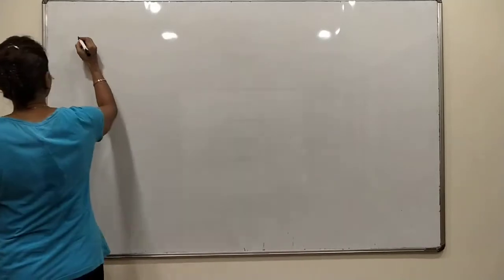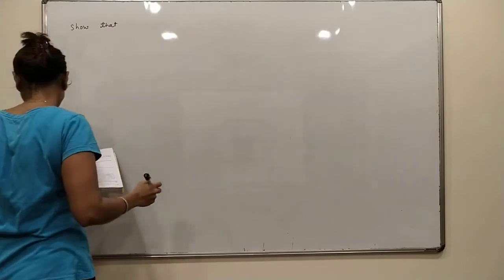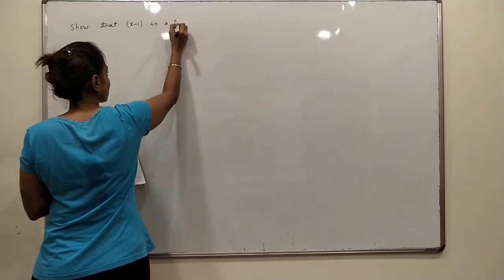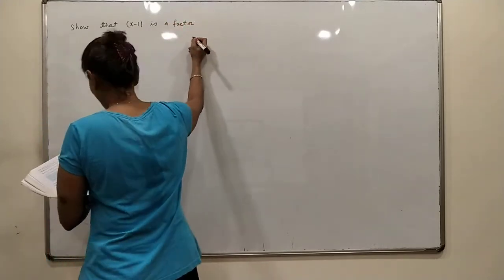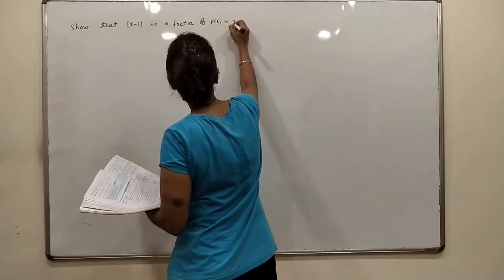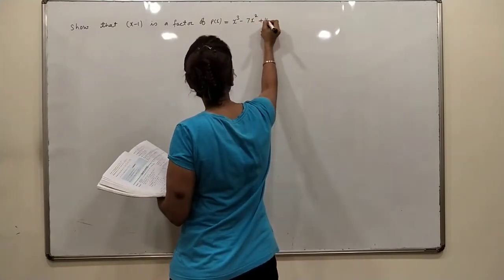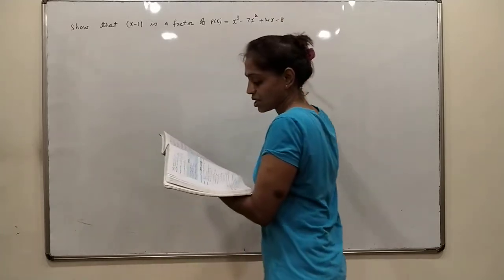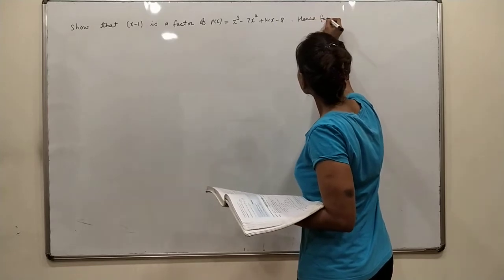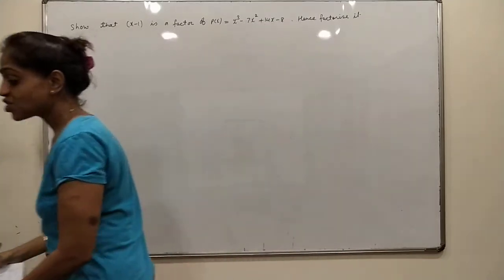Show that x minus 1 is a factor of p of x, which is x cube minus 7x square plus 14x minus 8, and hence factorize it. Okay, show that, check that.